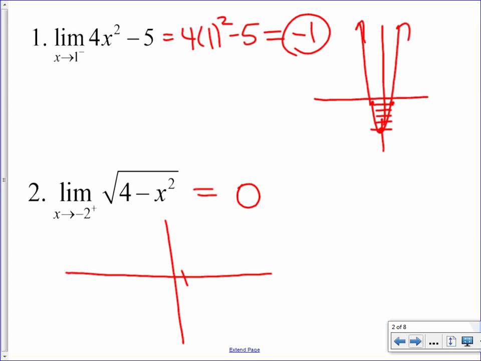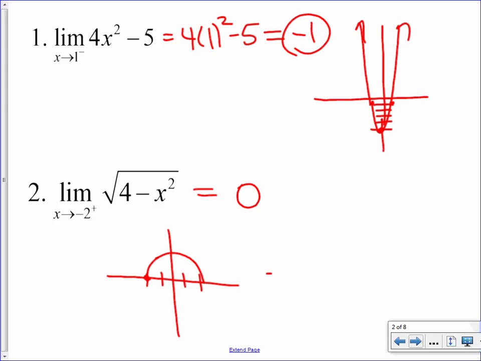The graph is a semicircle, isn't it? If we look at -2, here's -2 right here. From the right side, our limit is 0.